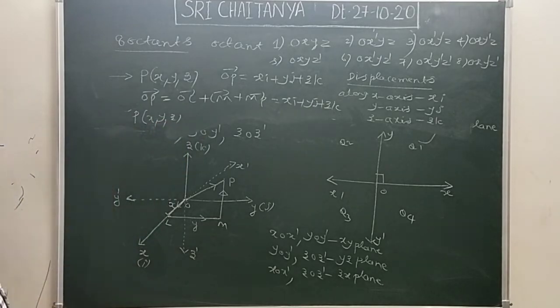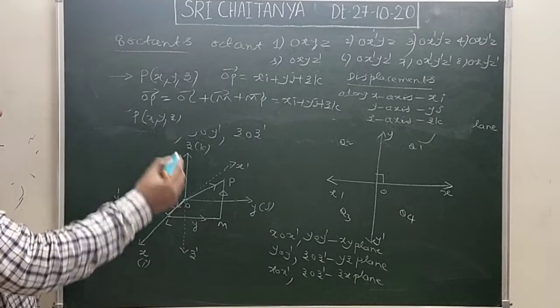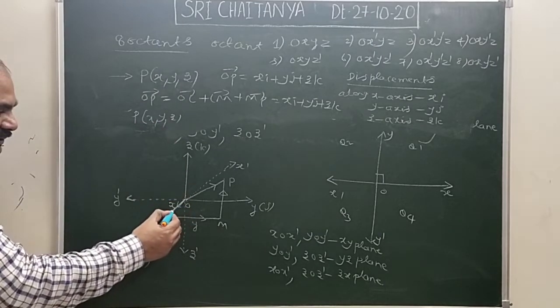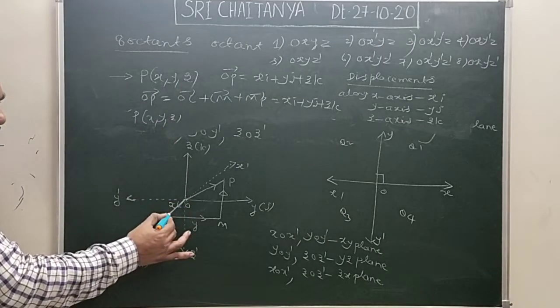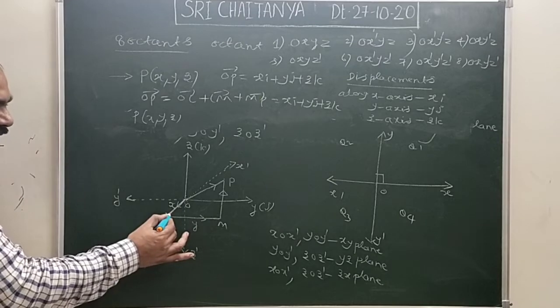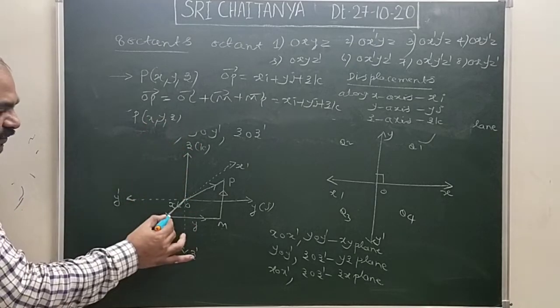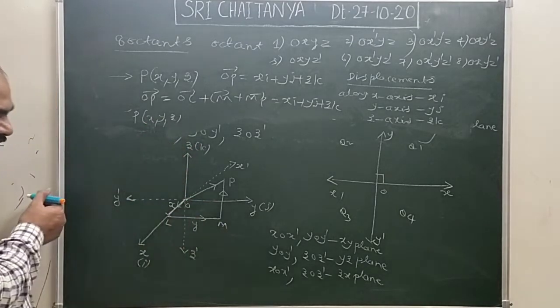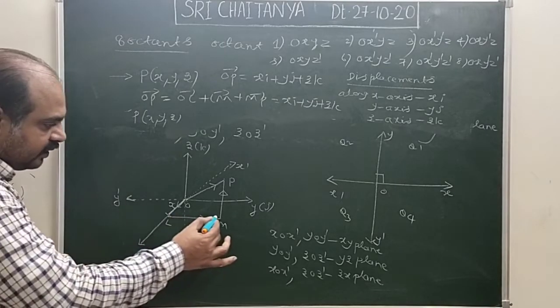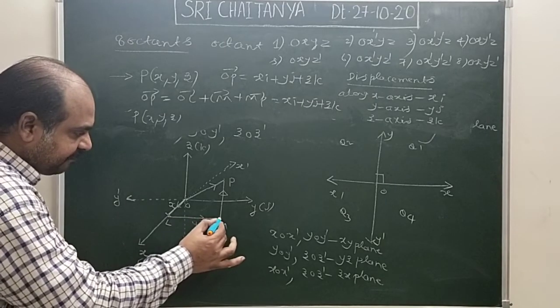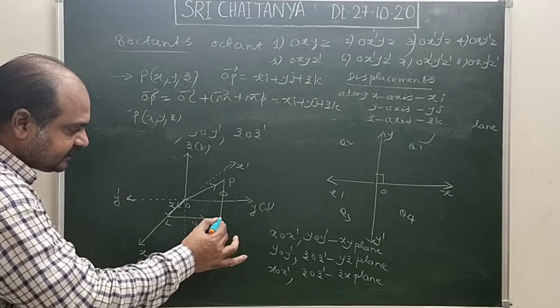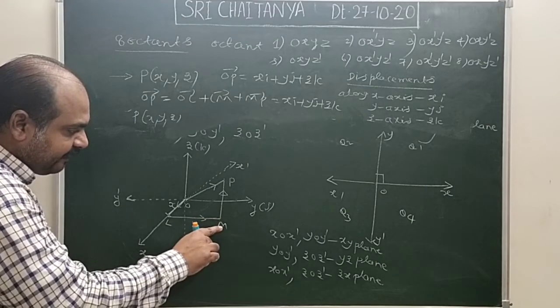Simply, whenever you want to mark the point, if x is positive, go from the origin towards the positive x-axis, x units. And from there, if y is positive, go this side, and if y is negative, go this side. So in the direction parallel to the y-axis, y units, and that will be on your paper.